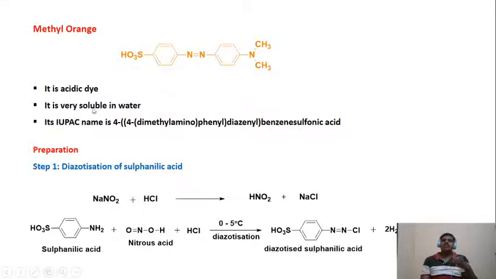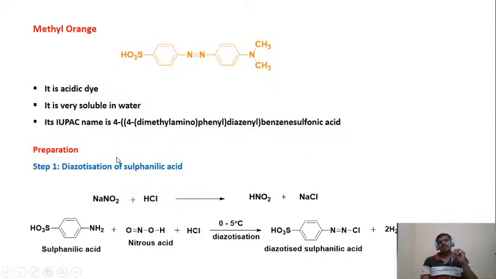Now its IUPAC name, where IUPAC is the short form of International Union of Pure and Applied Chemistry. The IUPAC name of methyl orange is 4-(4-dimethylaminophenyl)diazenyl benzene sulfonic acid, benzene sulfonic acid.